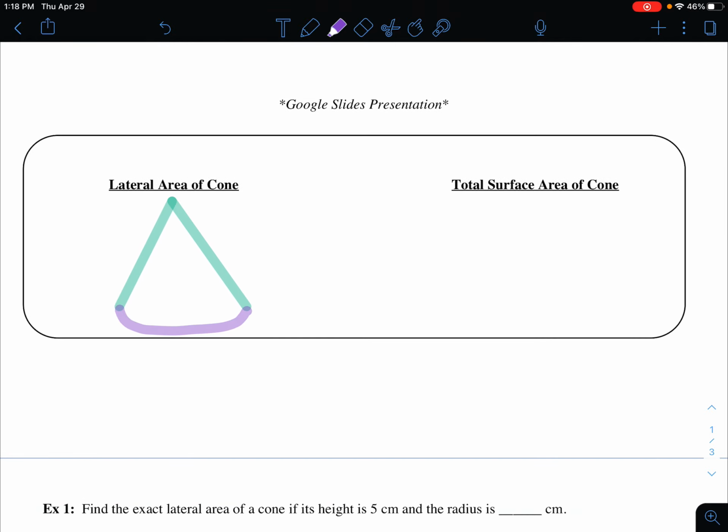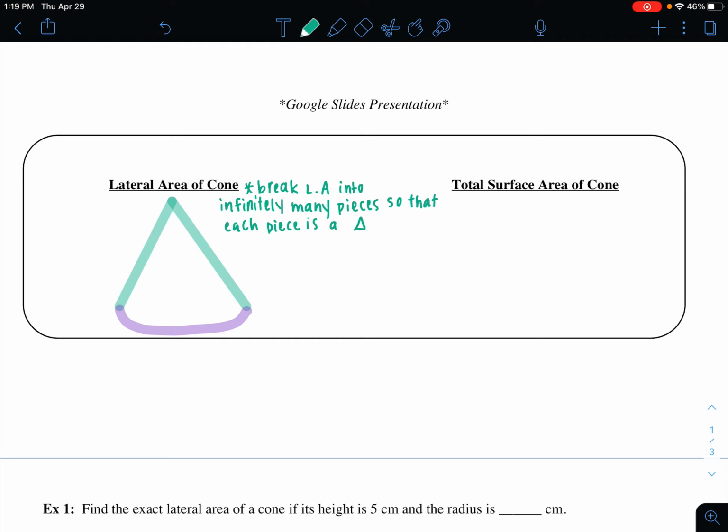So let's go ahead and talk about the lateral area of a cone. What we're going to do is break our lateral area into infinitely many pieces so that each piece is a triangle.